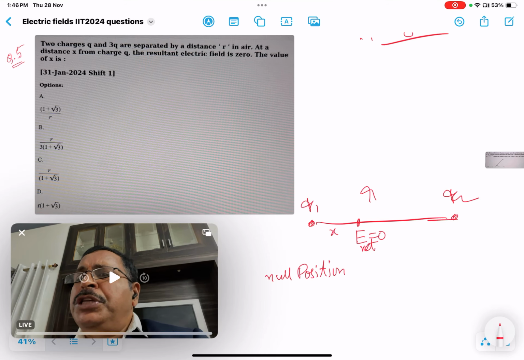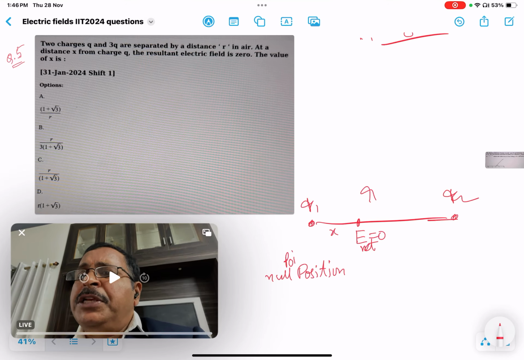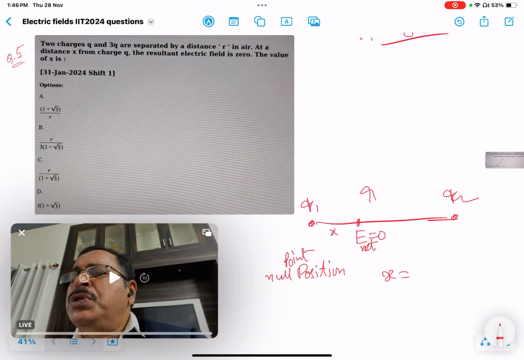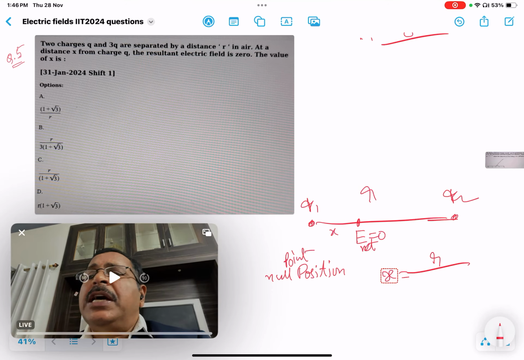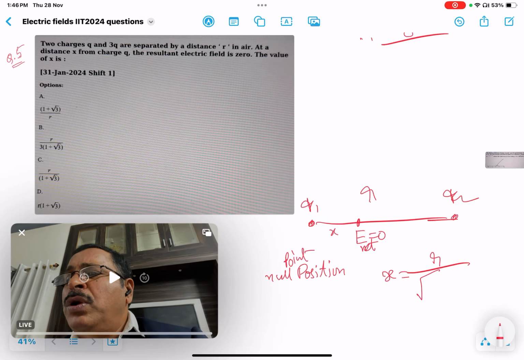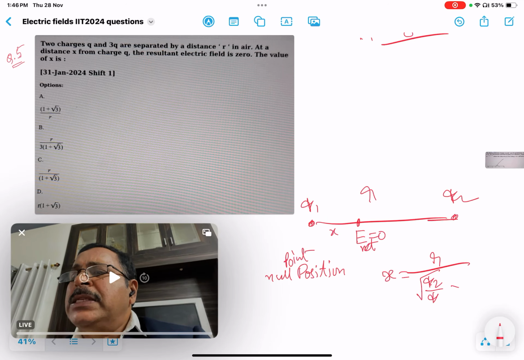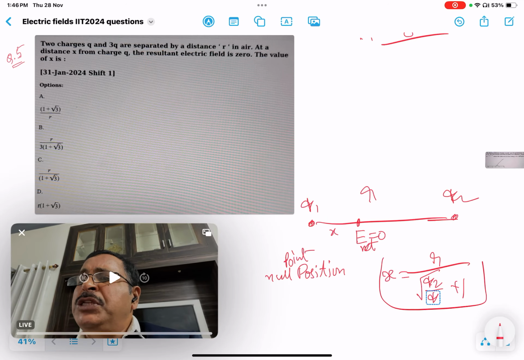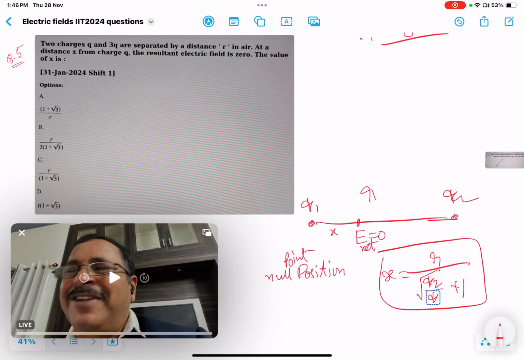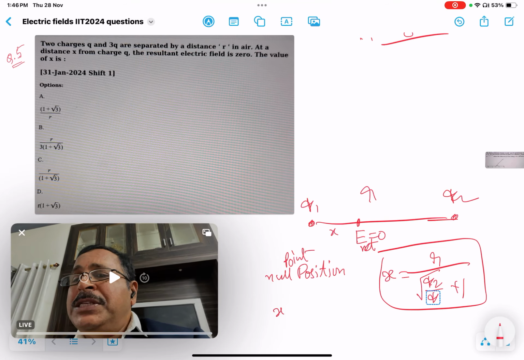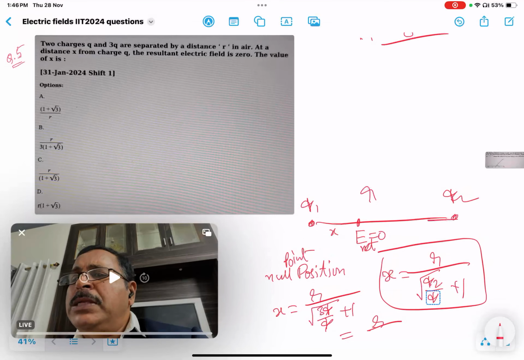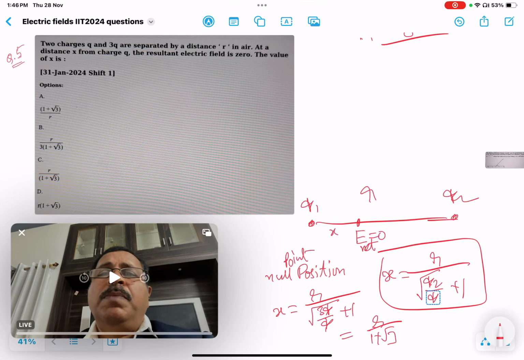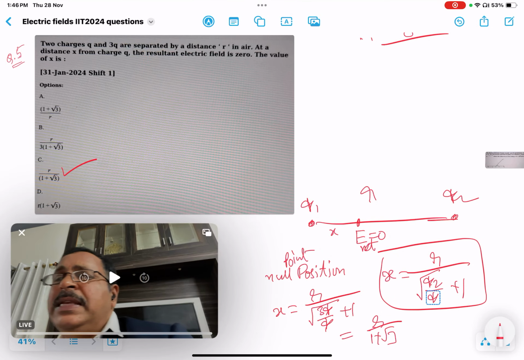X equals R divided by, as like charges are selected here, under root of Q2 by Q1 plus 1. This is the formula. Unless you know this formula, you cannot solve the problem. So X equals R by under root of 3Q divided by Q plus 1, so R divided by 1 plus root 3. So option number C is the correct answer.